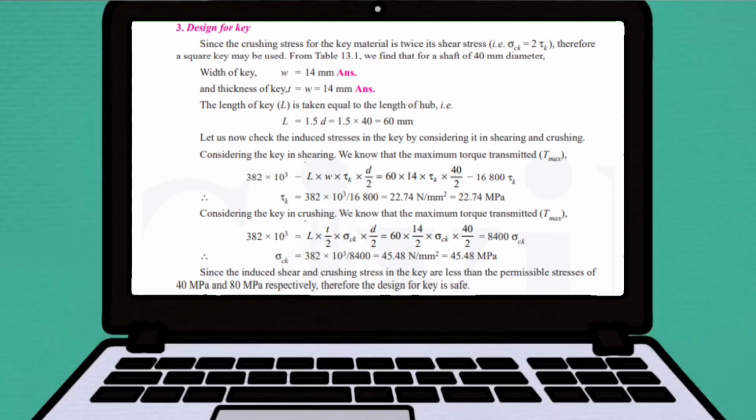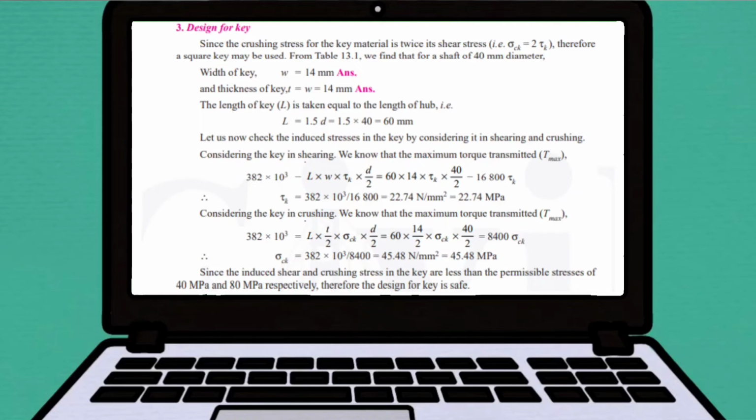Deriving the equation, we will now have 382 × 10³ equals L × W × τK × D/2, equals 60 × 14 × τK × 40/2, which is equivalent to 16,800 τK. Then τK would be 382 × 10³ over 16,800, giving a shearing stress of 22.74 MPa.